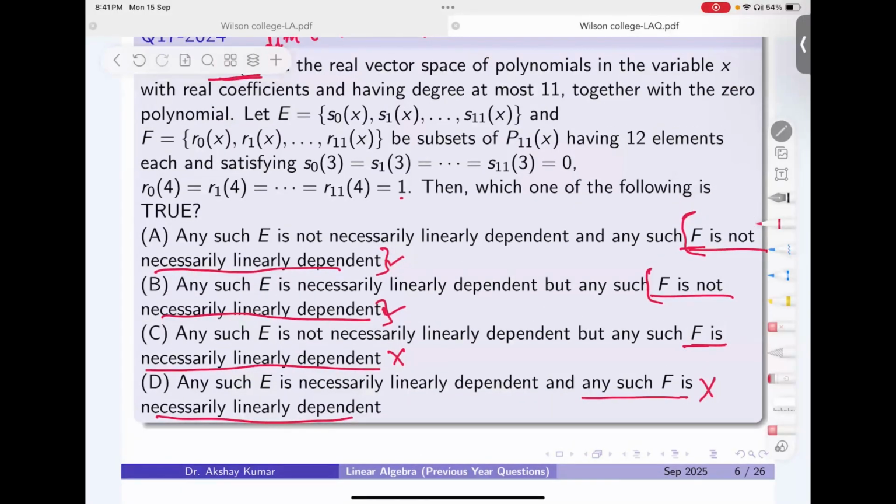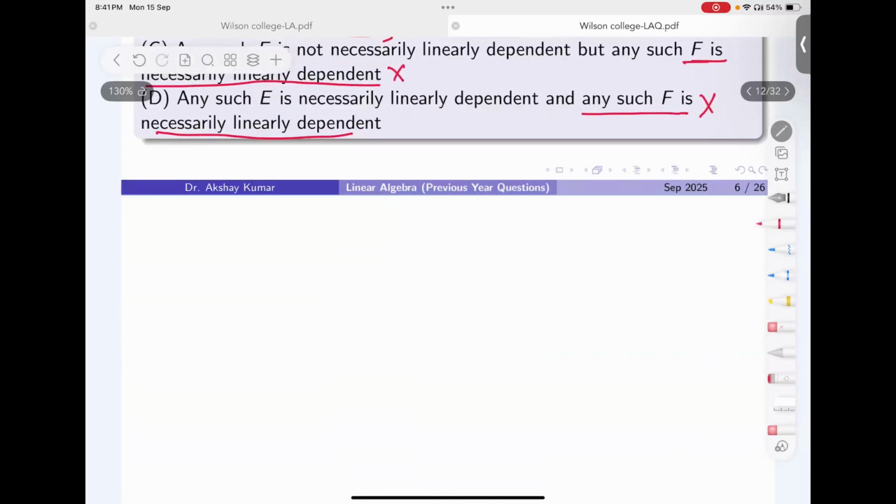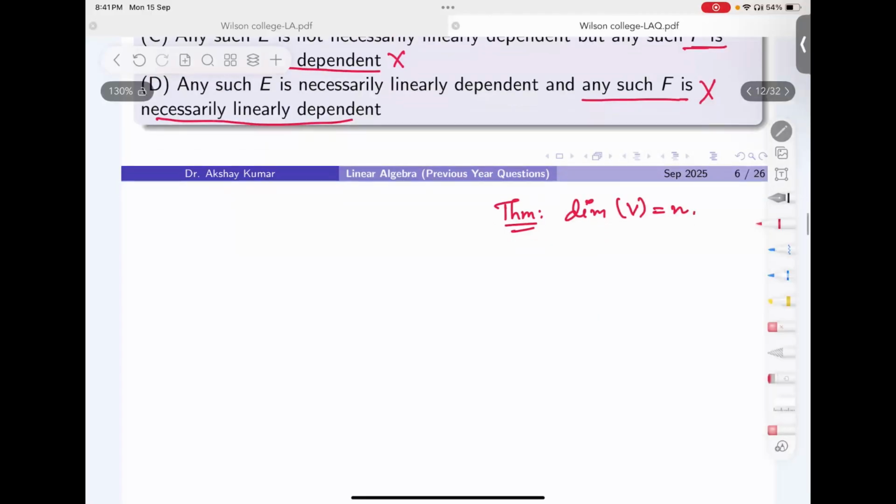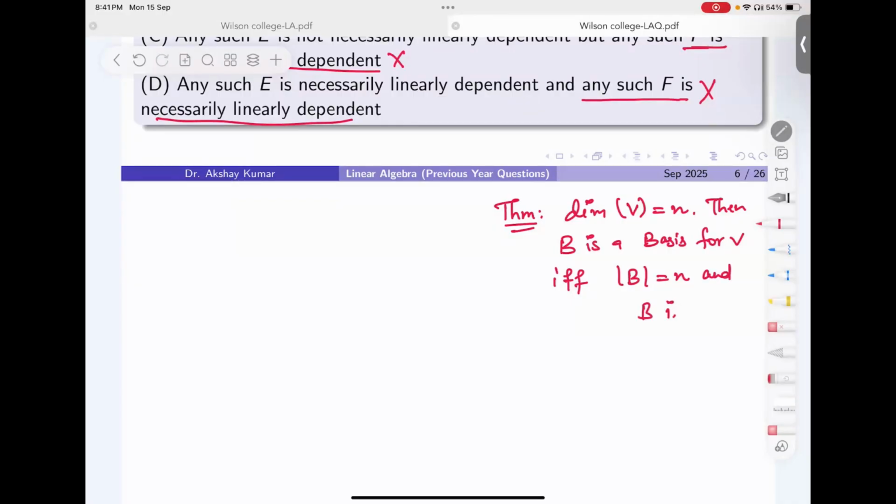Okay, so there is a result. If the dimension of a vector space V is n, then B is a basis for V if and only if the cardinality of B is n and B is linearly independent.